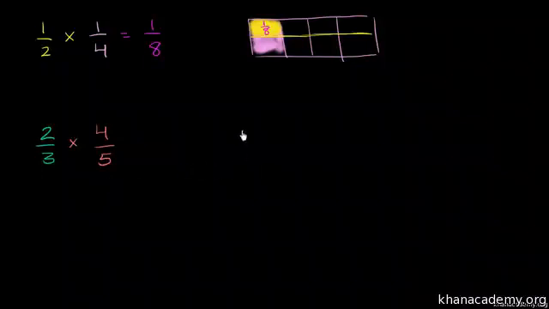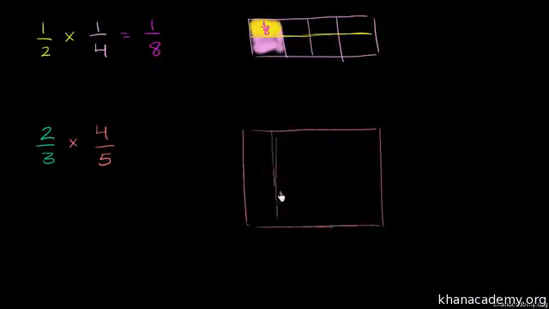So let's think about this. Let's represent 4/5. So if I have a whole like this, let me try to divide it into 5 equal sections. So let's say that is 1 equal section, that is 2 equal sections, that is 3, 4, and 5. I can do a better job of this. This is always the hard part. I'm trying my best to make them look at least like equal sections.